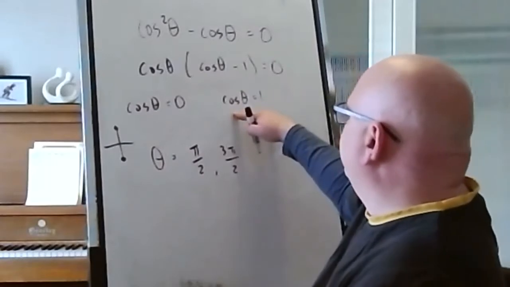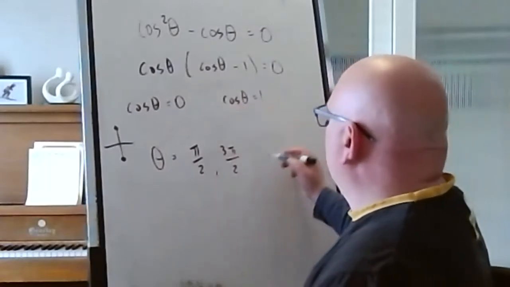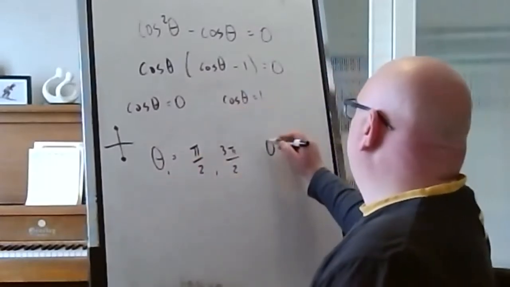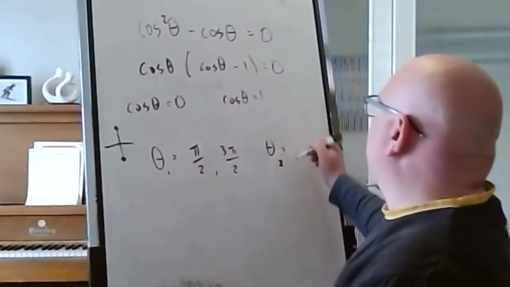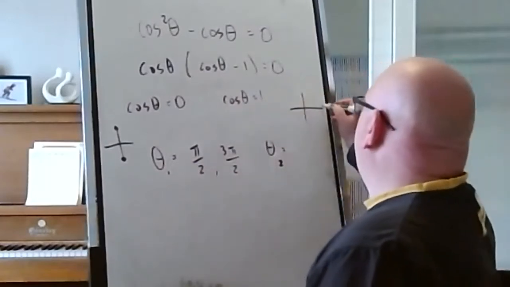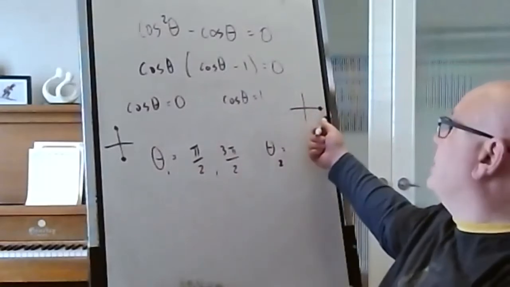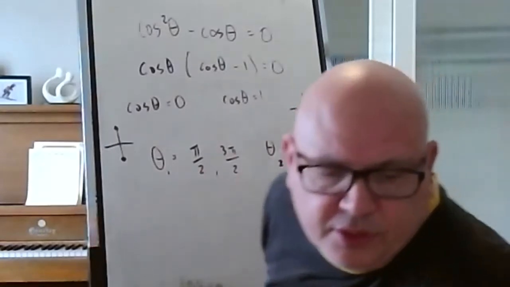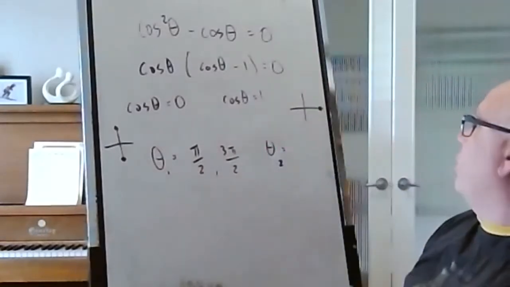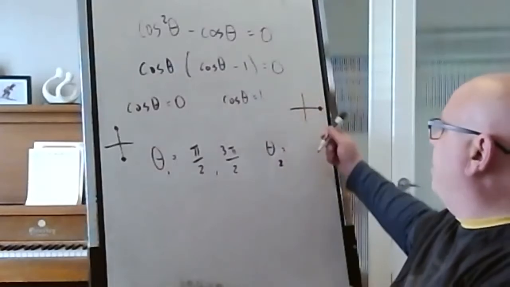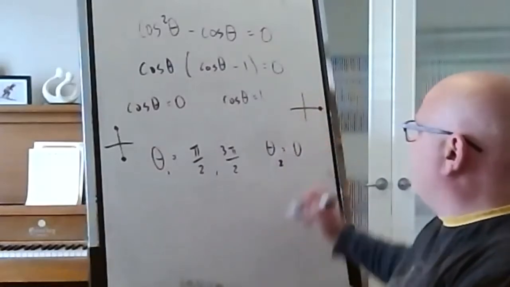That's our first list of theta. Our second list of theta, cosine theta is equal to 1. That happens at 0 degrees and, let's work in radians, 0 radians and at 2 pi. So we do have 0 as an answer.